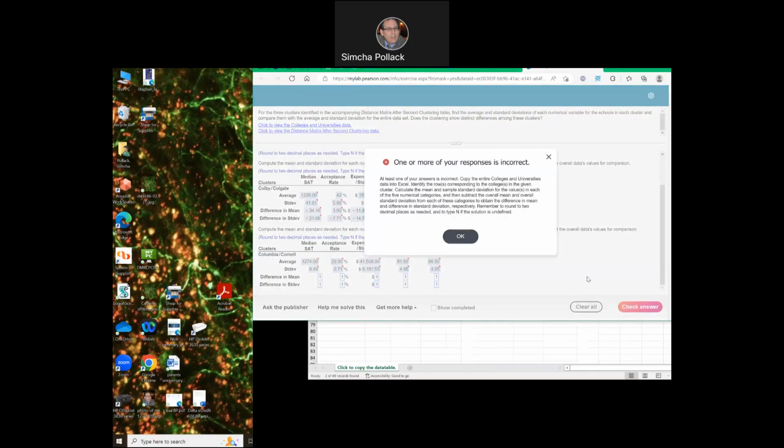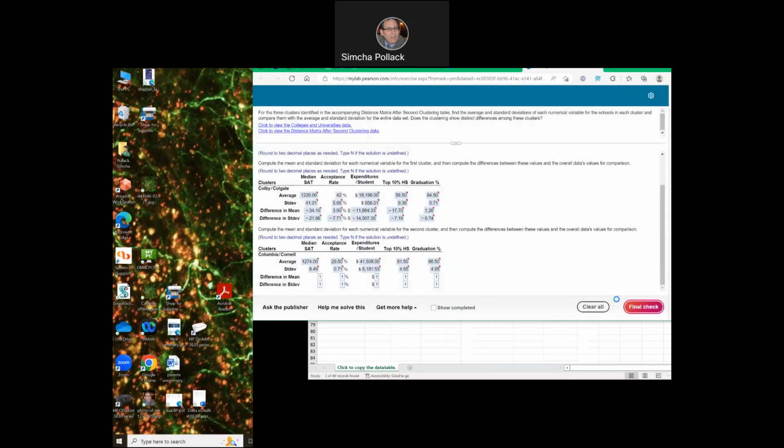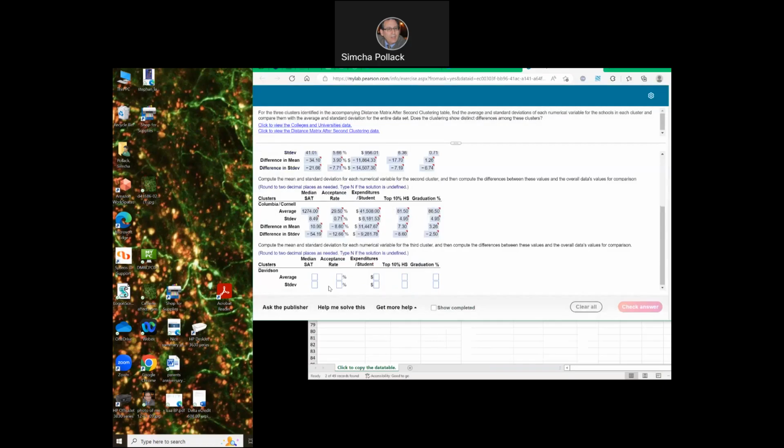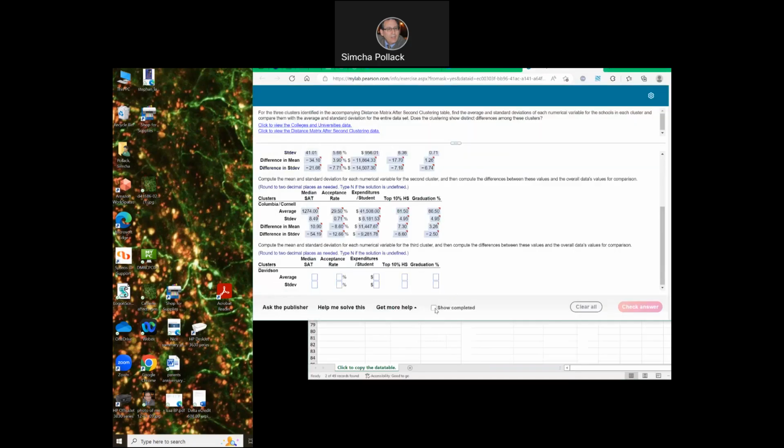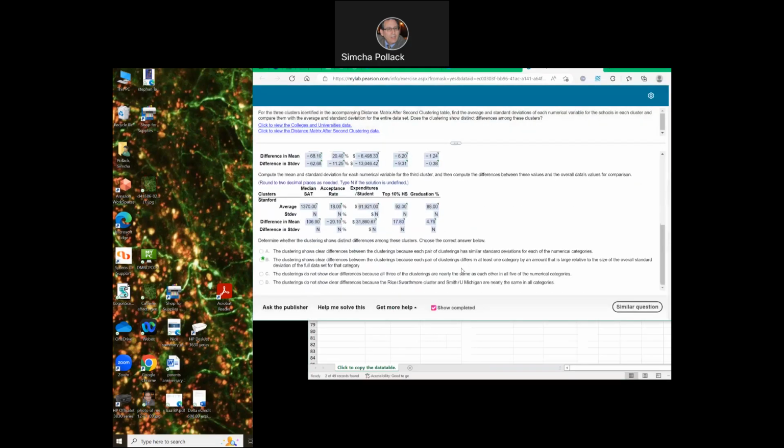Answer. Even typing in a 1 takes a long time. Okay, so we have now 1090 minus 54.19, 1090. Yeah, so these numbers are correct as well. And at this point, let's show completed, meaning we don't have to waste the time to go through the same process for all of them.